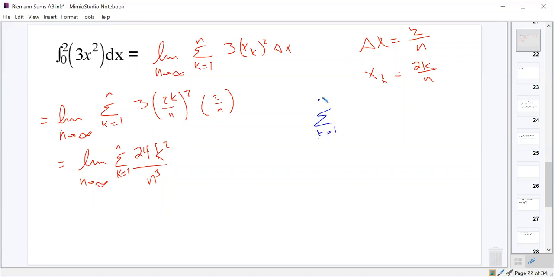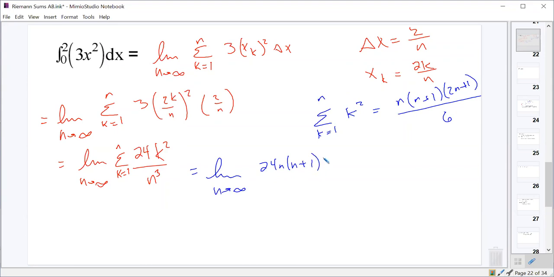We talked about that yesterday. n times n plus 1 times 2n plus 1, all over 6. So the k squared just gets replaced with that. This becomes a limit as n approaches infinity of 24n, n plus 1, 2n plus 1 over 6n cubed.